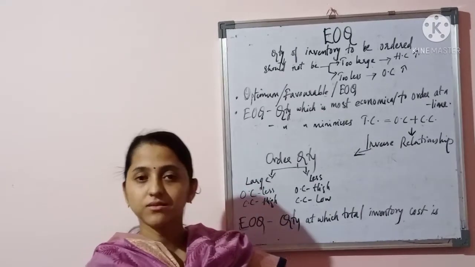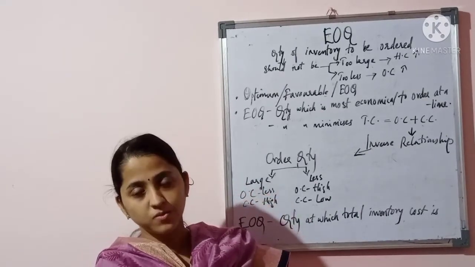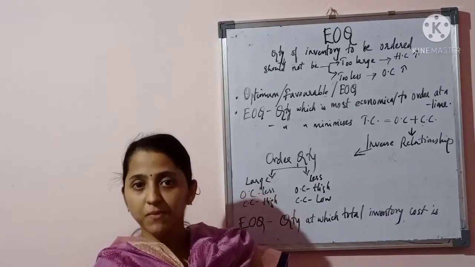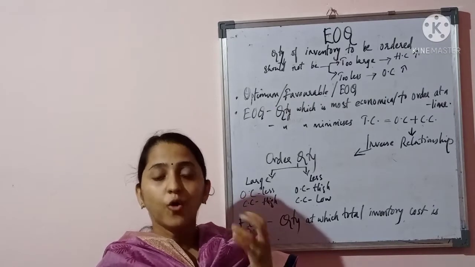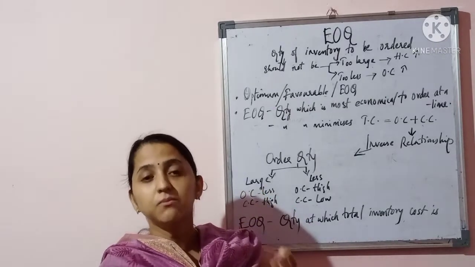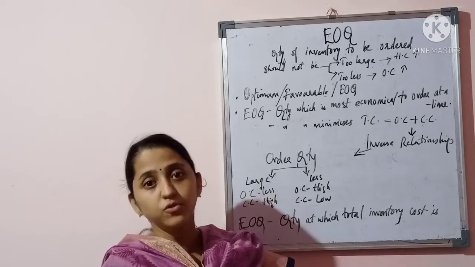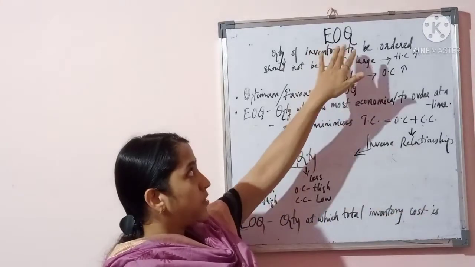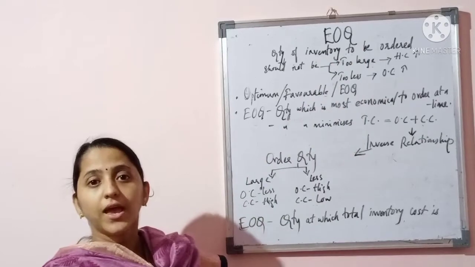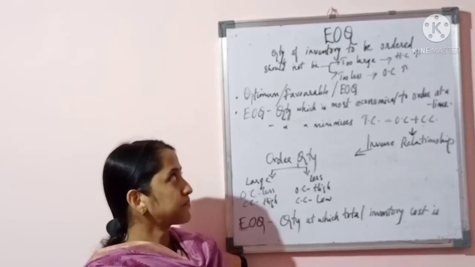We have already discussed what inventory management is. Inventory management means management of inventory in order to know the optimum amount of inventory we have to choose. So today let us discuss more about EOQ, that is Economic Order Quantity.